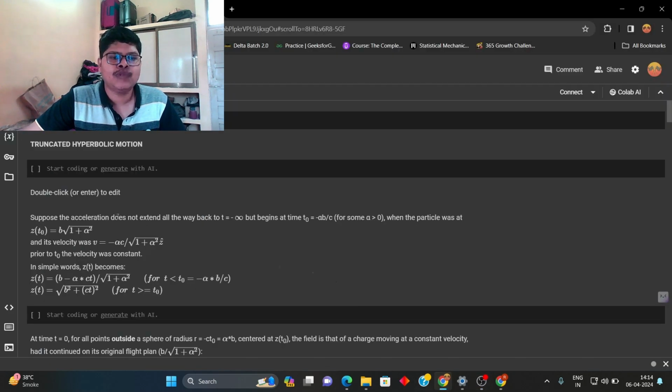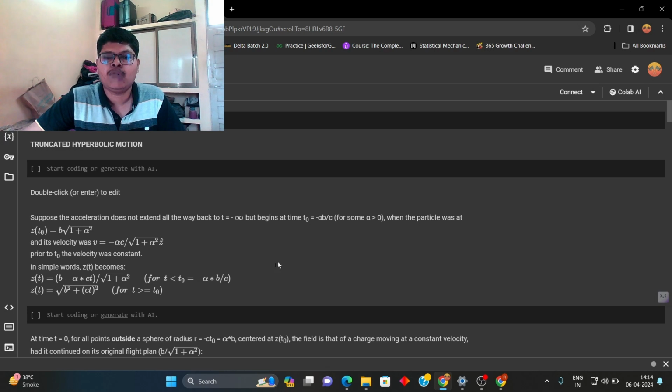So in this portion, we are assuming that the acceleration does not extend all the way back to minus infinity, but actually begins at some time t naught, which we take to be equal to minus alpha b divided by c for some positive constant alpha, when the particle was at z(t naught) equal to b times the square root of 1 plus alpha squared, and had a velocity of minus alpha c divided by the square root of 1 plus alpha squared.